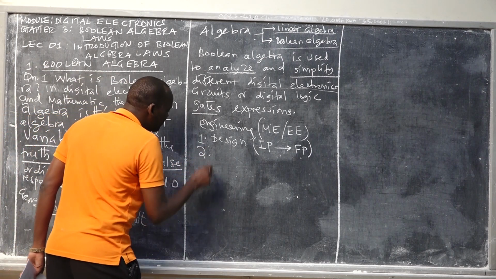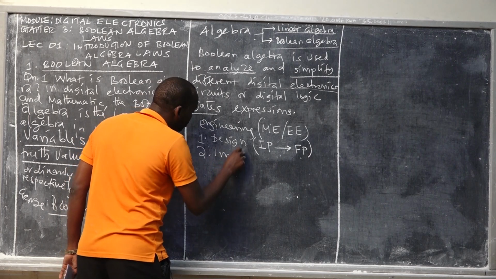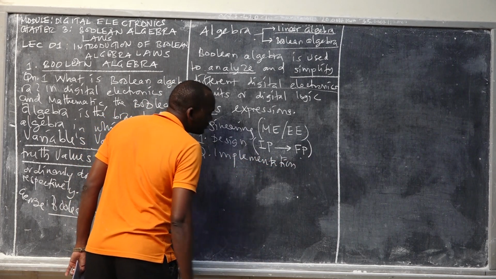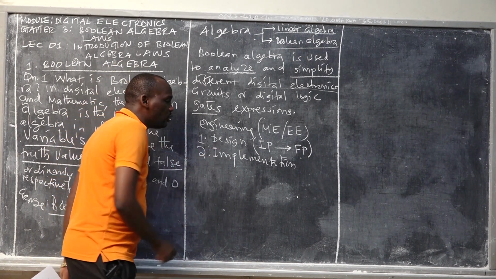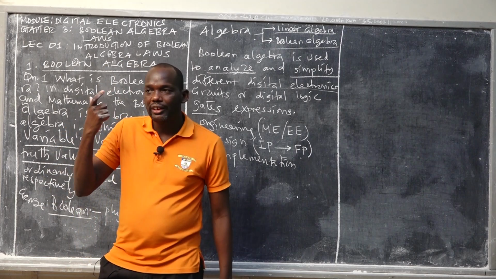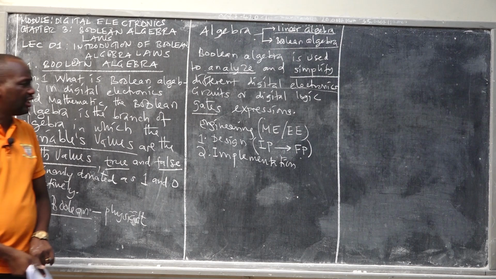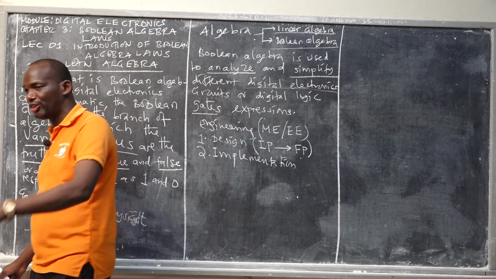The second, once we do the design, is something called implementation. Implementation is actually implementing what you have thought and what you have presented. In engineering, when you say implementation, this is in simulation and hardware implementation.